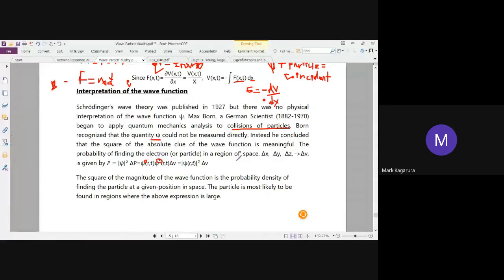a plus jb. So the complex conjugate is a minus jb. And then, if this is equal to z, then this is equal to z with a star.